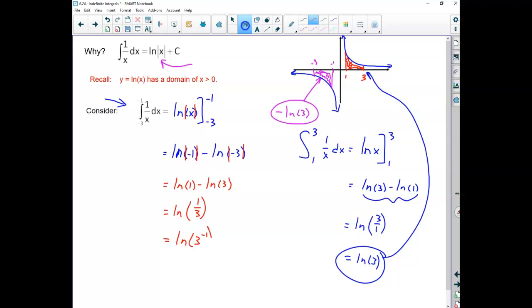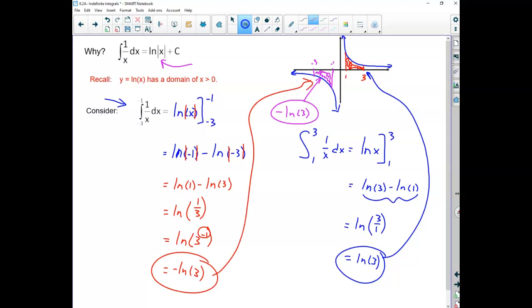I can raise that to the -1 power and turn it out of a fraction. Then I can use my property of logs, pull that exponent out, and say, oh, this is negative ln 3, woohoo, and I'm happy as a clam, and I get it.